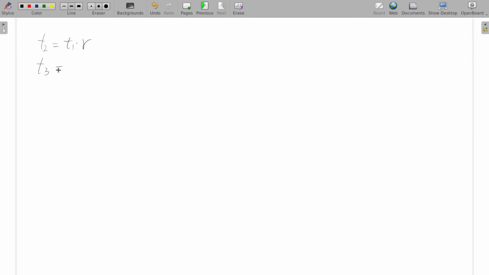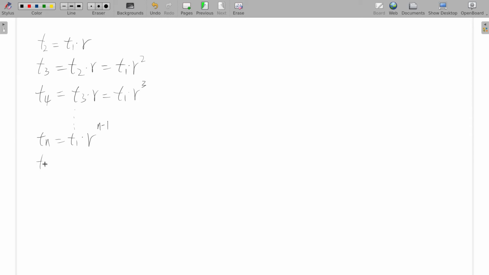The third term equals the second term times r, which equals T1 times r squared. So T4 equals T3 times r, which equals T1 times r cubed. And so on. We get Tn equals T1 times r to the power of n minus 1.